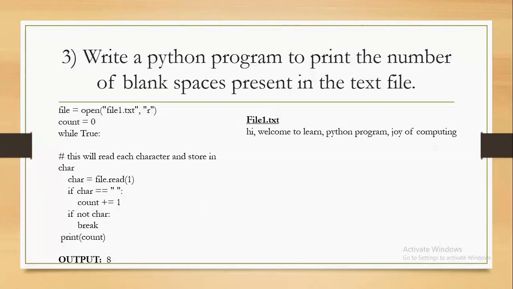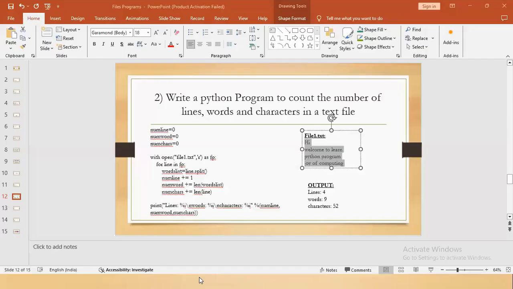If the character is equal to a blank space, the count value gets incremented by 1. If the character is not a blank space, then we break. Finally, print the value present in the counter. So this is a simple program only.